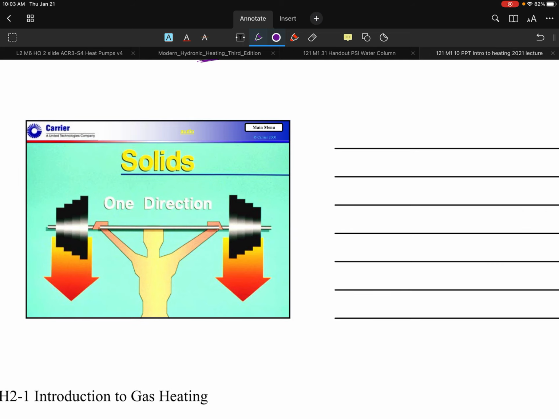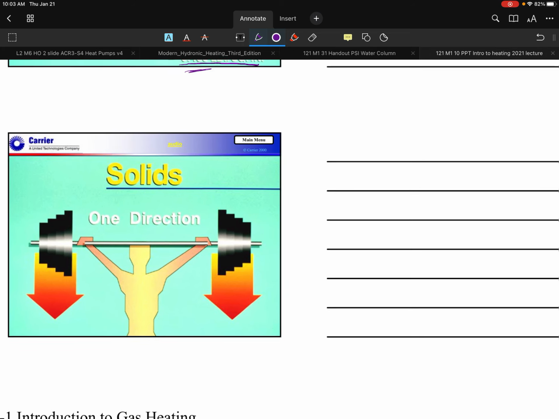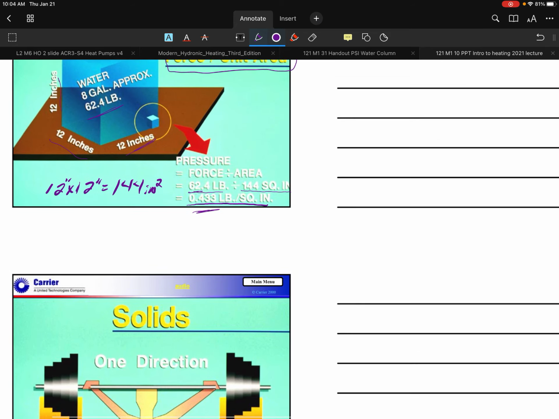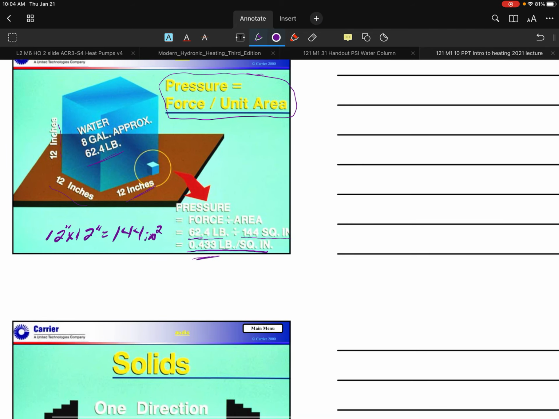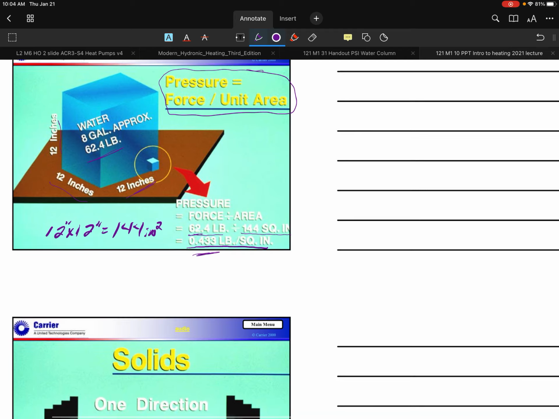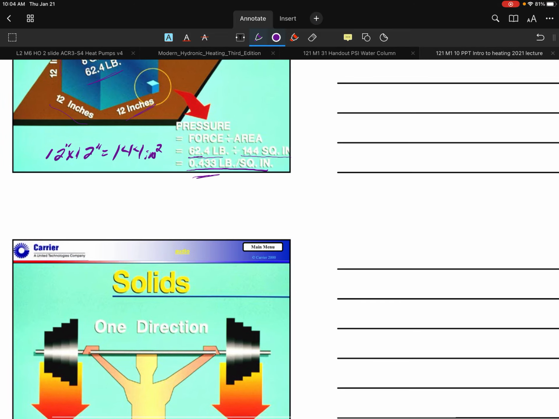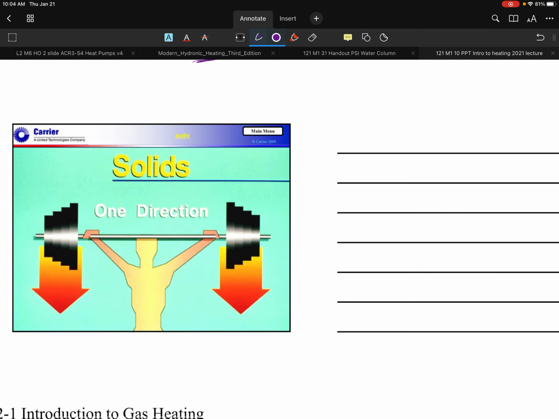So another feature of pressure. The previous slide was where we talked about pressure as force per unit area. Now, why would this be important? There's a couple of reasons. One is it depends on how we're spreading out that force, how we're spreading out that weight.